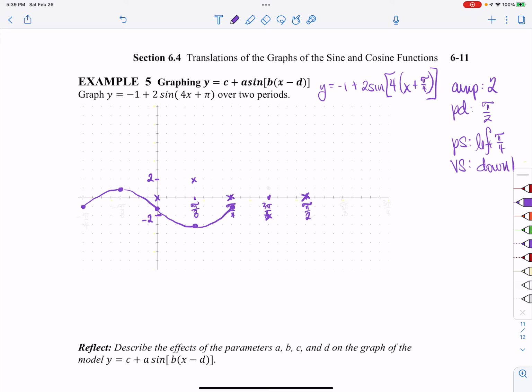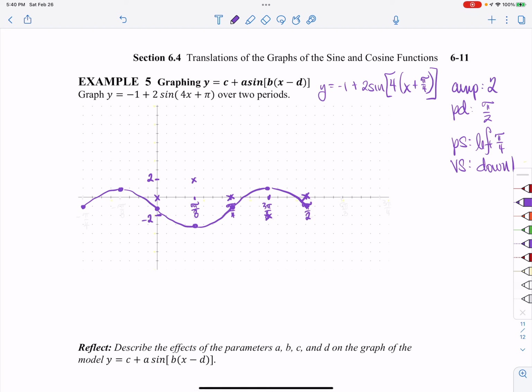Once again, notice that we are asked to graph 2 full periods. And so every 4 blocks, we have something else happening. So if I go another 4 blocks, that's going to be my maximum. And then another 4 blocks will be my x-axis. Another 4 blocks will be, let's see, sorry, that shouldn't have been the x-axis because we went down 1.